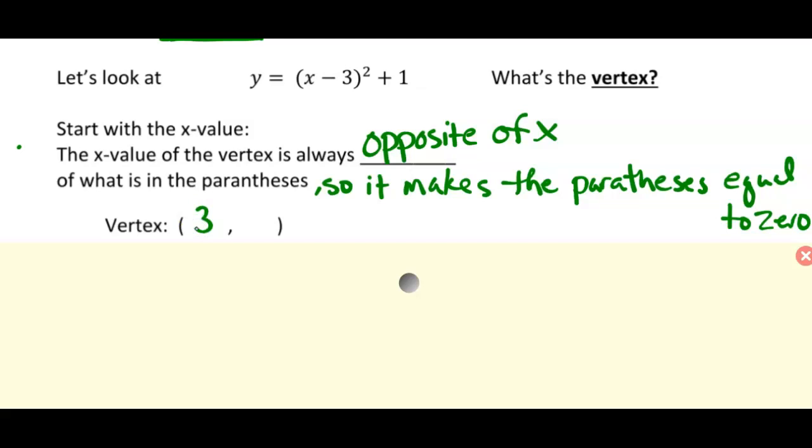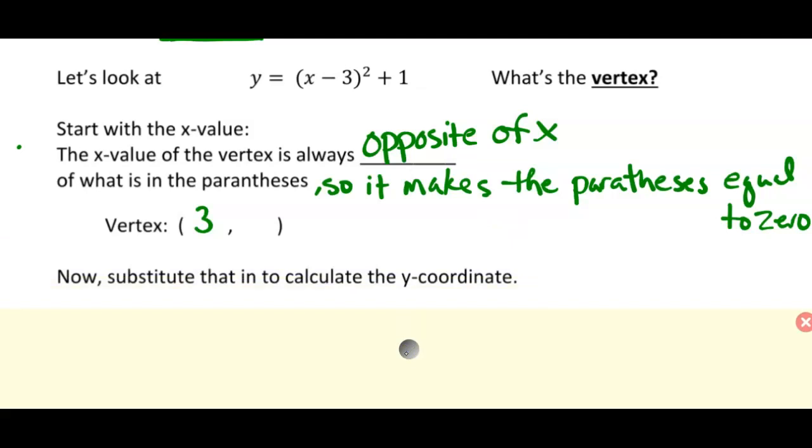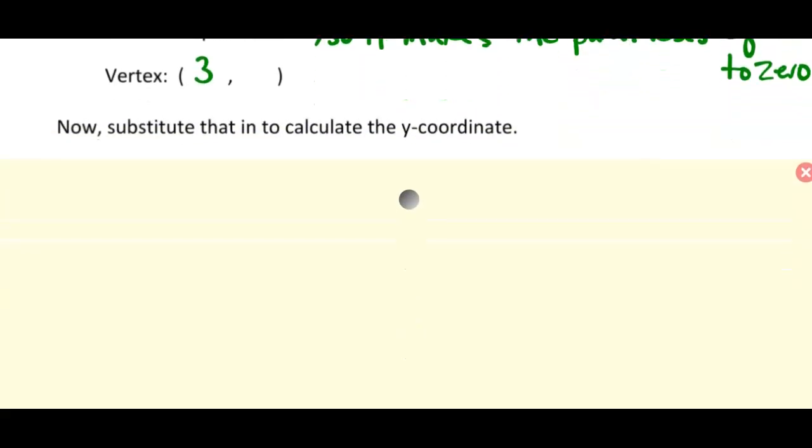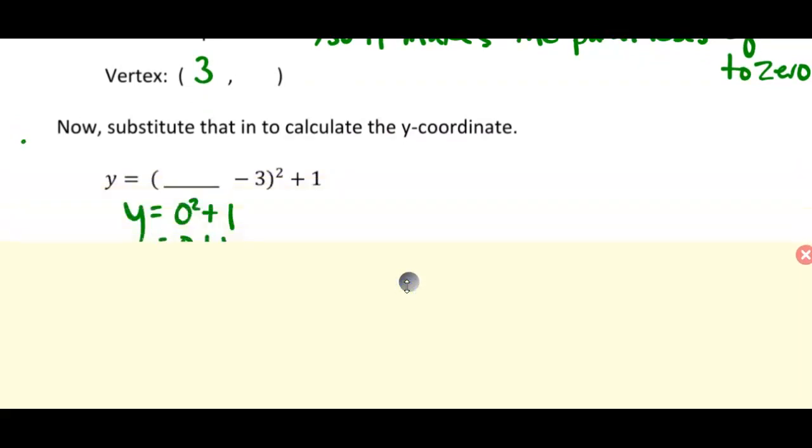Now, I said that it has to be the value that would make the inside of the parentheses equal to 0. And that's kind of how we calculate our y value until maybe we see a pattern, okay? So I put my 3 in there. And 3 minus 3 is 0. 0 squared plus 1 gives me 0 plus 1.